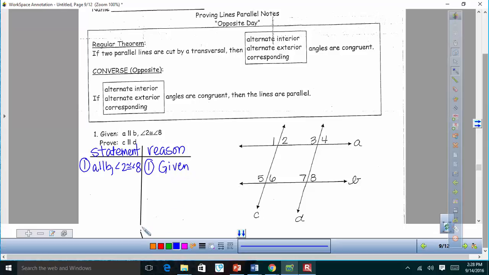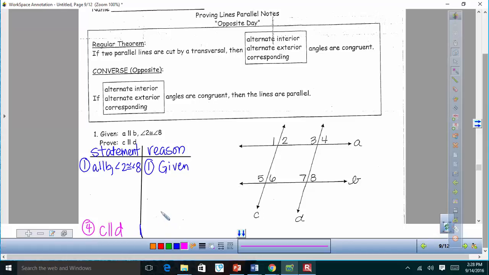Then for these proofs, we're going to fill in our fourth step as well. What will our fourth step always be? The proof. So our proof is C is parallel to D. And the reason is going to be the converse.